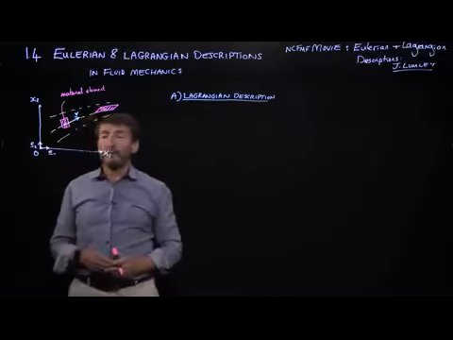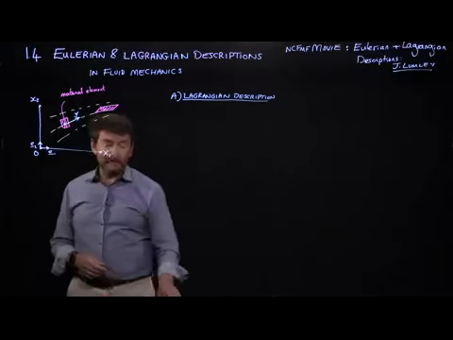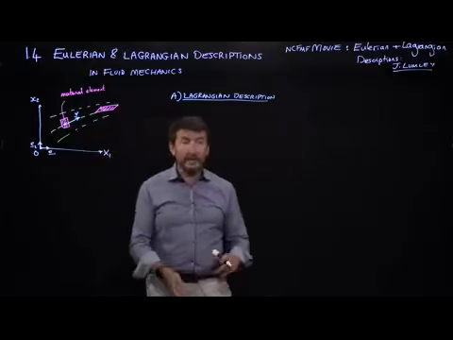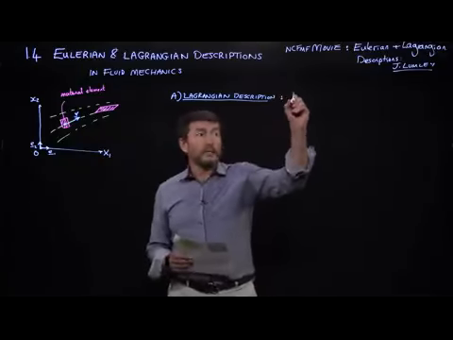But for now, at least, I just want to think about the idea that we might be interested in describing where it goes in space as a function of time. And the first way that people will think about doing that is called the Lagrangian description. And the idea is that we'll label our particle.